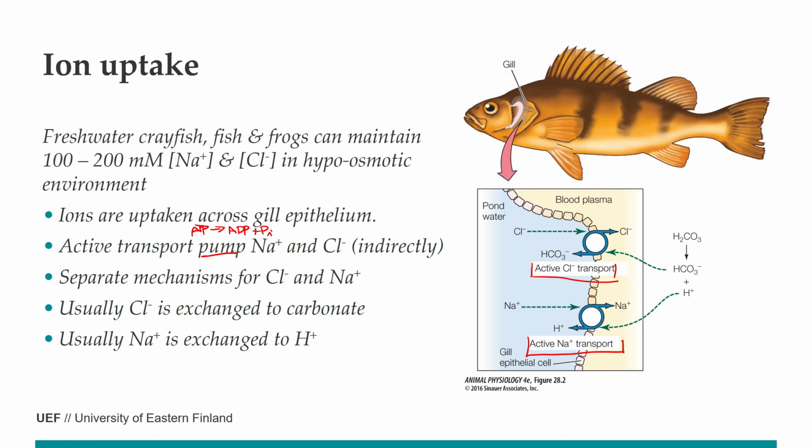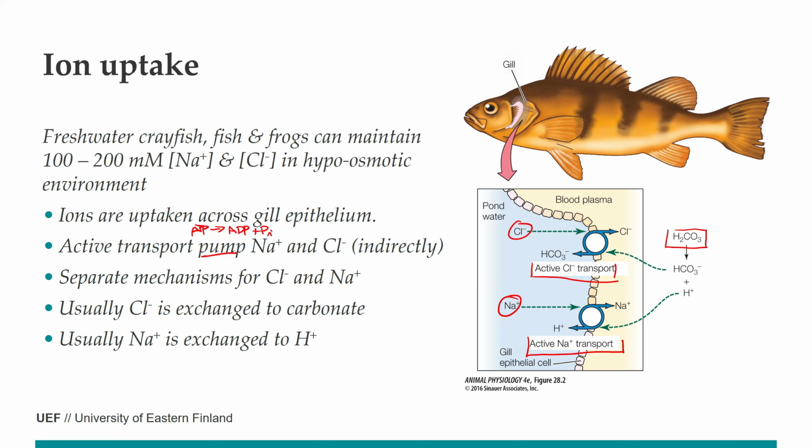And how you can get bicarbonate and proton, you can use the same way as in the respiration, so the carbonic acid. And when this carbonic acid is dissociated, so one part is changed to chloride, another part is changed to sodium, and then you can get both chloride and sodium inside your cell or inside your body.